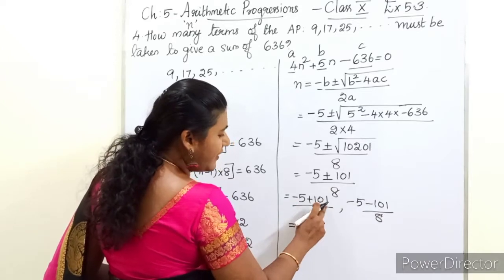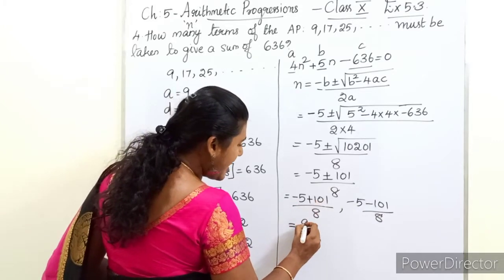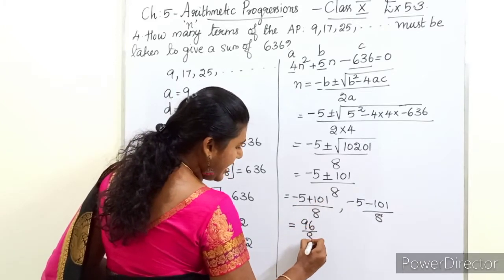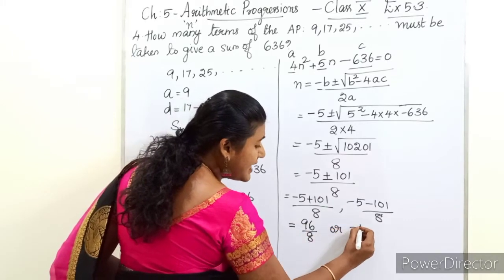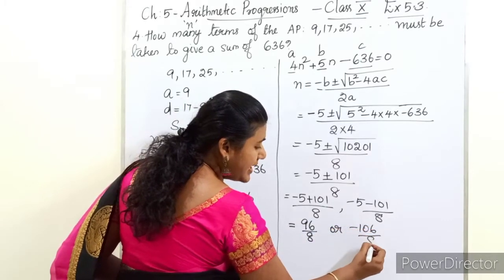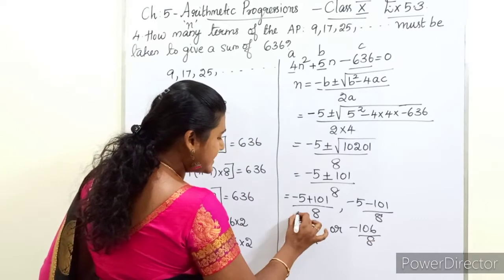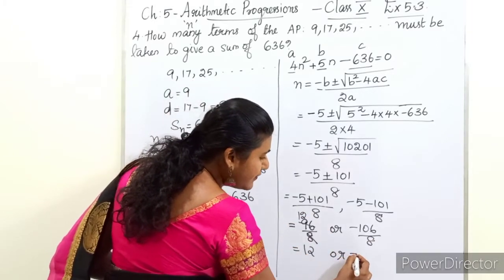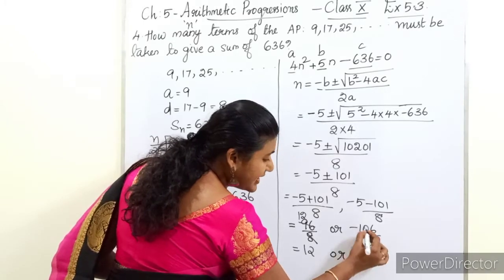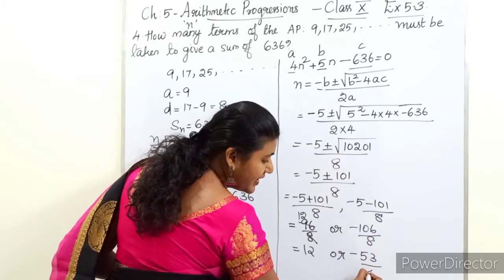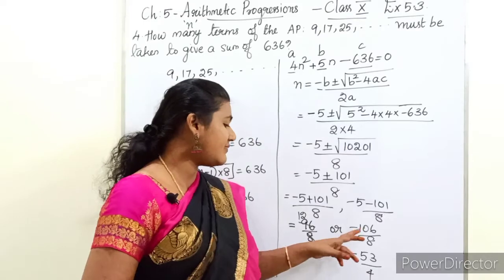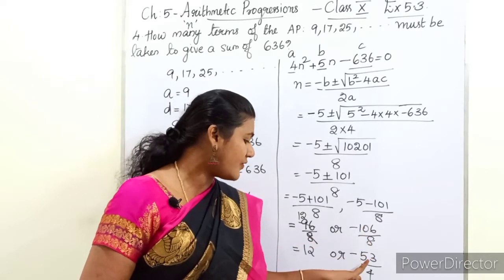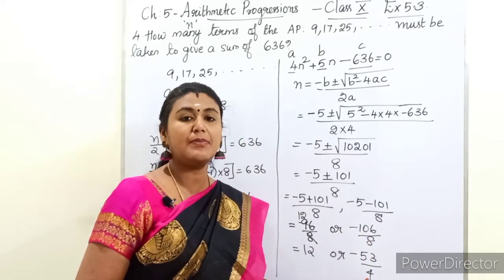Now we will simplify this. Here you will have 96 by 8, or minus 106 by 8. When you cancel, you will get 12 as the answer, or 53 by 4 after simplifying by dividing by 2: minus 53 by 4.